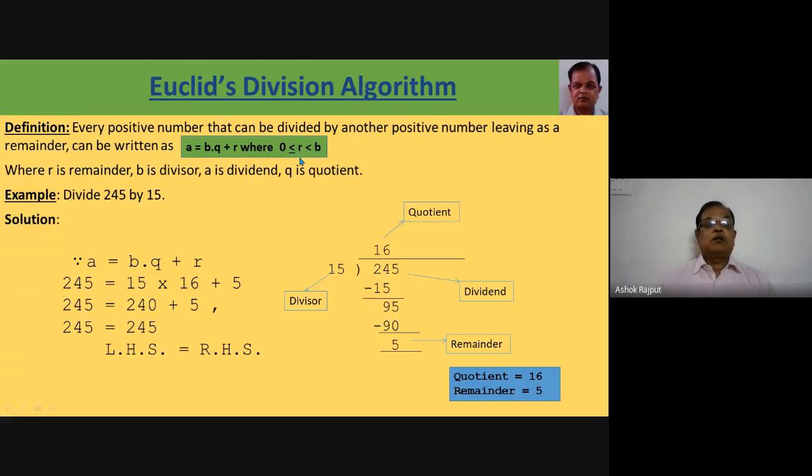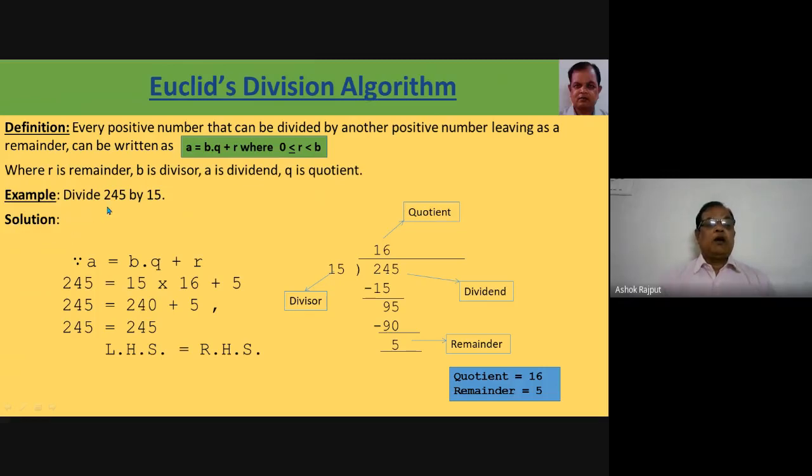It is compulsory. If the remainder is not smaller than the divisor, then it is incorrect. Here R is the remainder, B is the divisor, A is the dividend, and Q is the quotient.